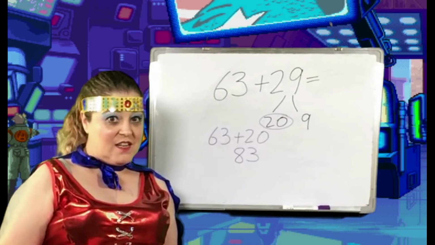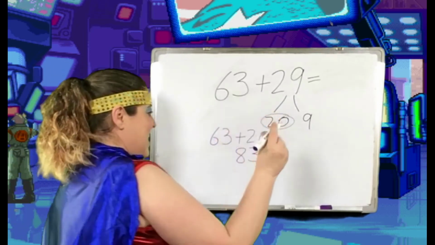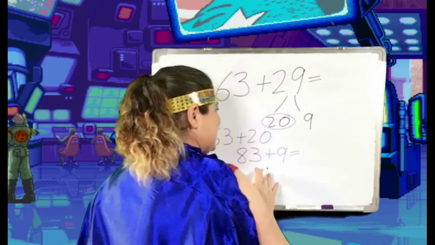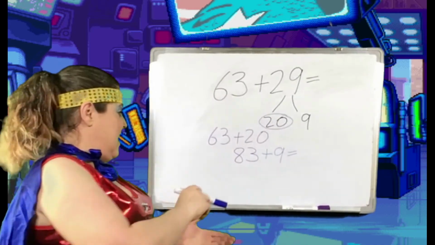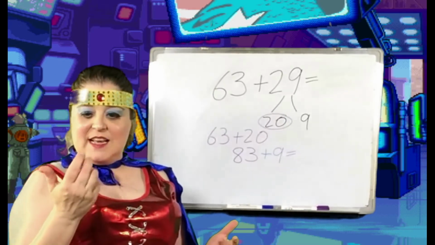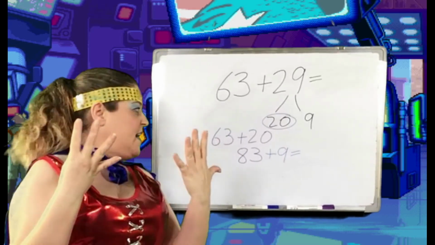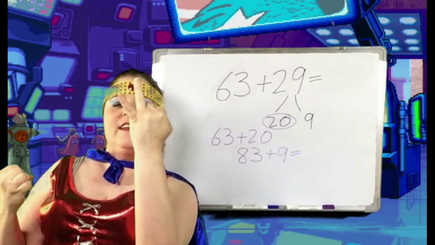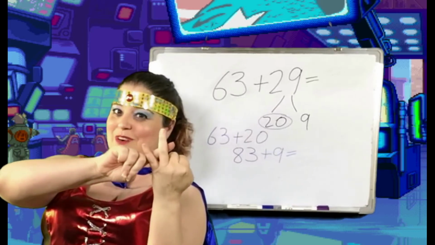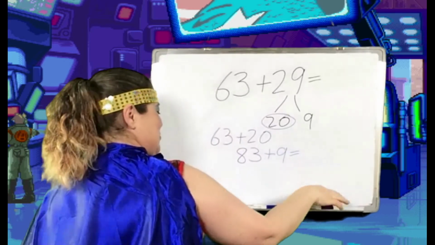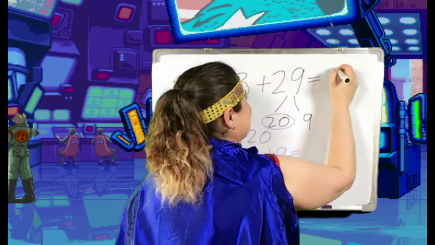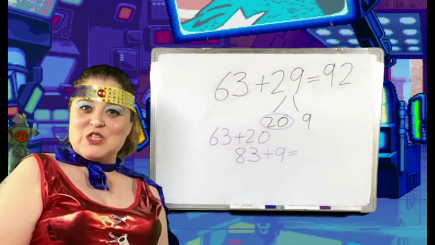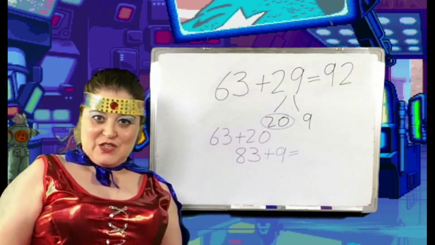Have you done it? Good. 83 plus 9. 83 plus 9. Okay? 83, 84, 85, 86, 87, 88, 89, 92. 92 is our answer. So, 63 plus 29 is 92.